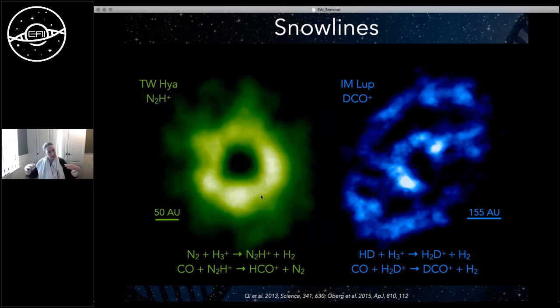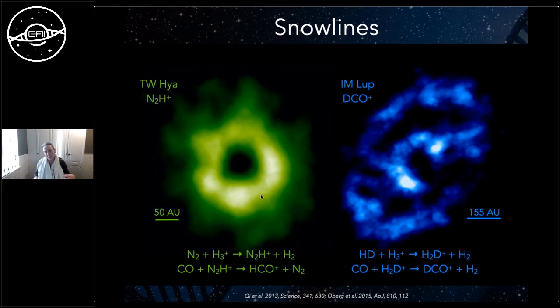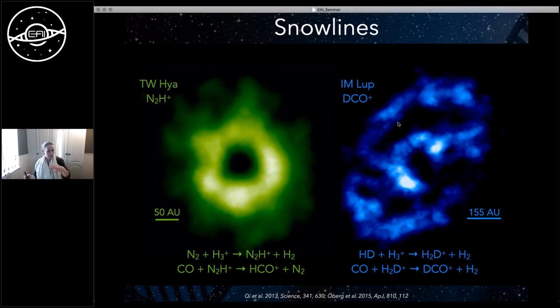So where you see N2H+ light up is where CO is being removed from the gas phase. And then DCO+ is similar reasoning, but for the opposite reason, in that we need CO in the gas phase in order to form DCO+. So you can see here in the dashed lines, I give roughly the locations of the CO snow line. N2H+ lights up outside the CO snow line in TW Hydra, whereas in IM Lup, DCO+ lights up at the location of the CO snow line.